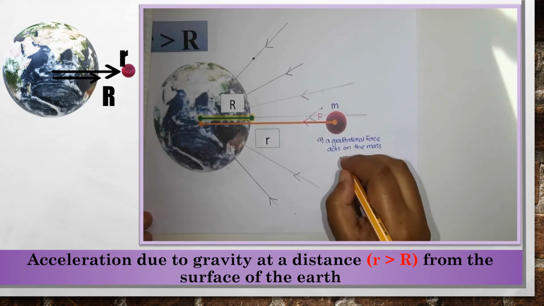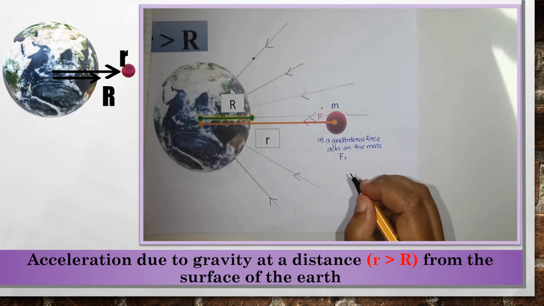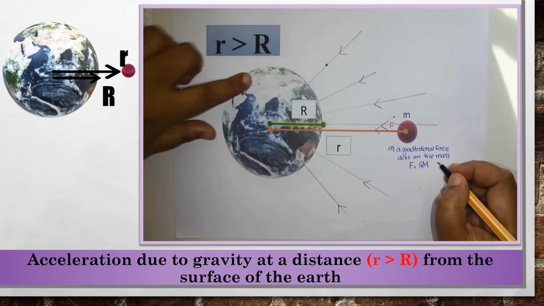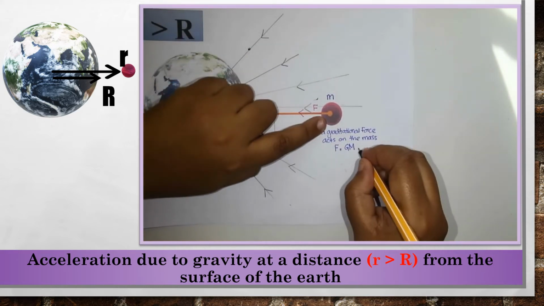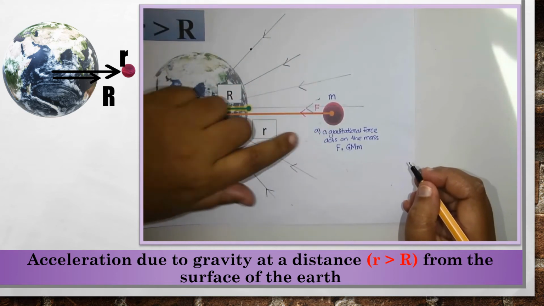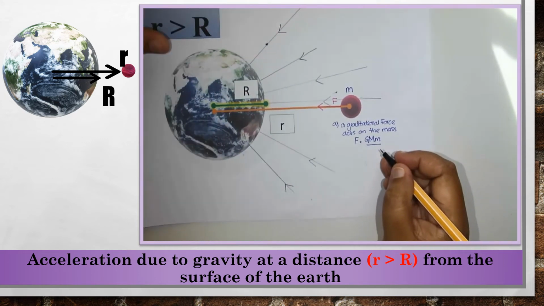F equals, I can put a negative, but the negative just speaks about the direction, so we are just going to look at the magnitude. F equals GMm, where M is the mass of the earth, according to Newton's universal law of gravitation, divided by the distance R squared.